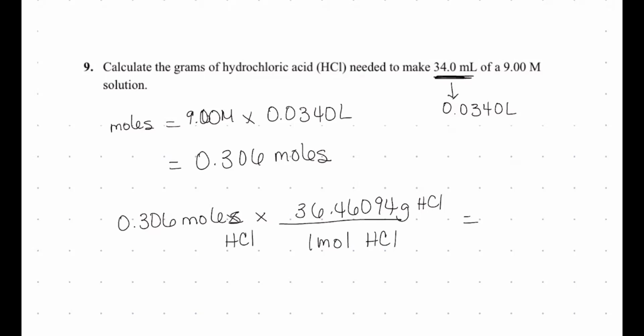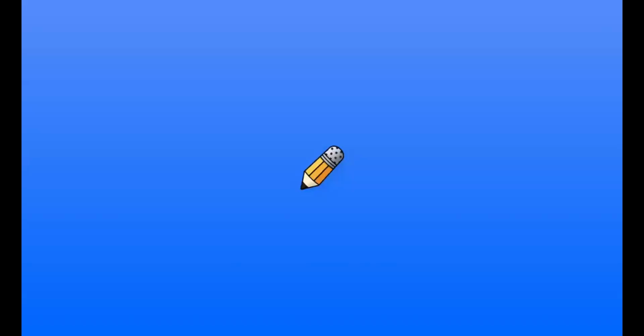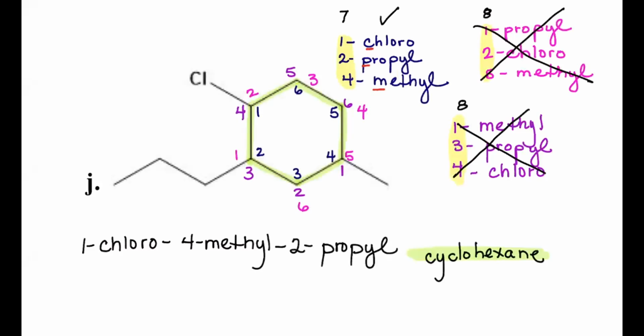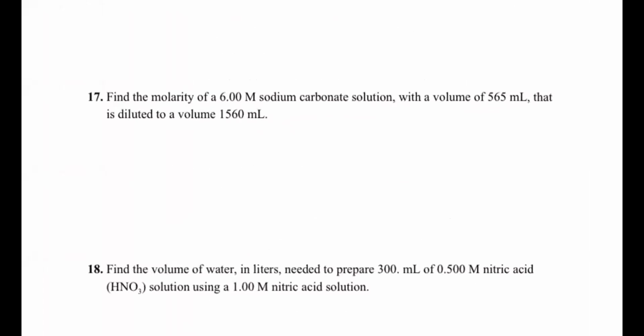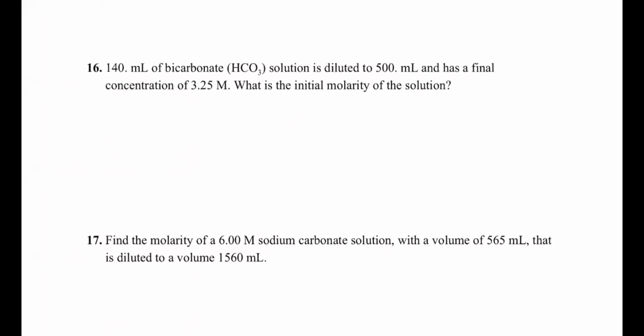Great. So let's go over dilutions. In dilutions, oh wait, this is organic chemistry. For dilutions, remember that it is M1 times V1 equals M2 V2, okay?